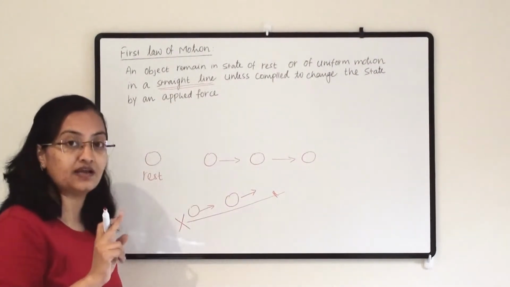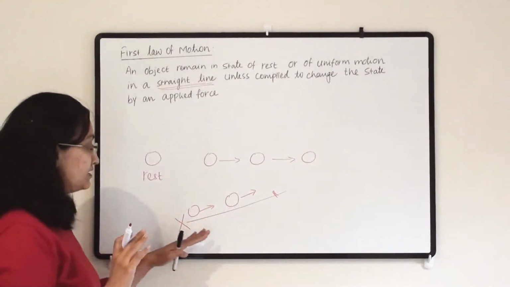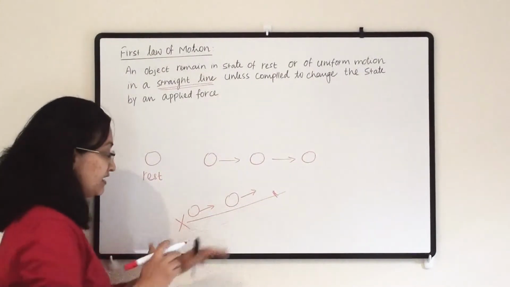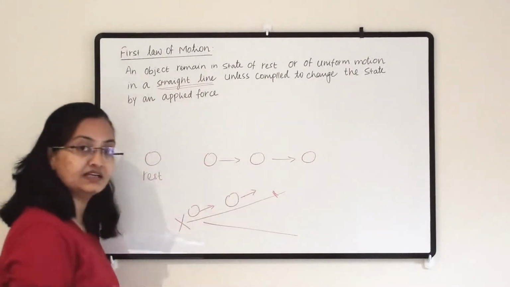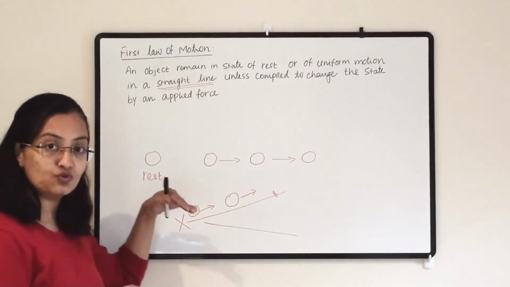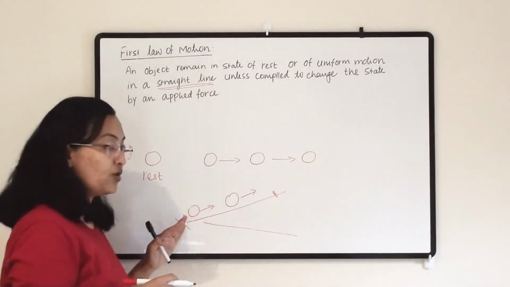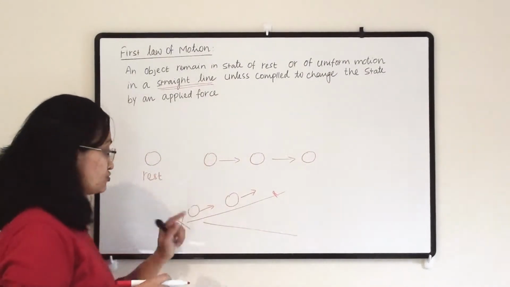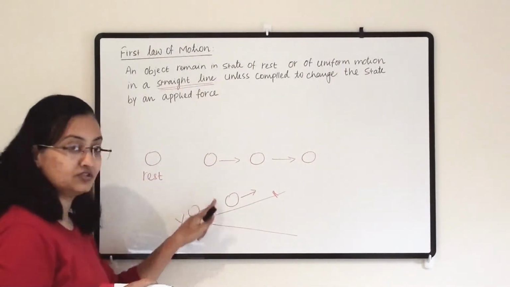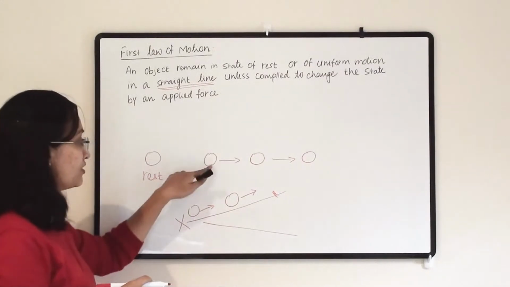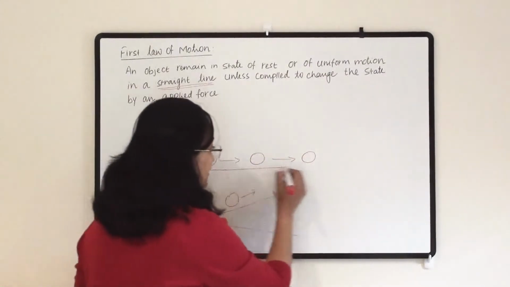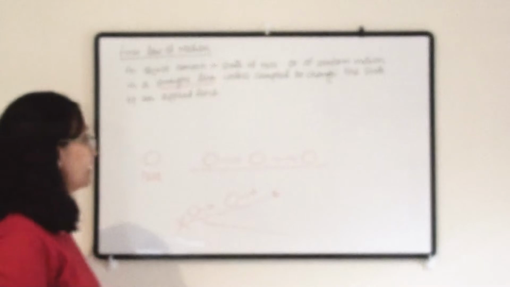Motion in a straight line, not on a slope. Either if it is an inclined plane like this or an inclined plane like this, going down below the slope or going up above the slope, we are not arguing for both of these situations. We are talking about the situation where there is motion in a straight line.